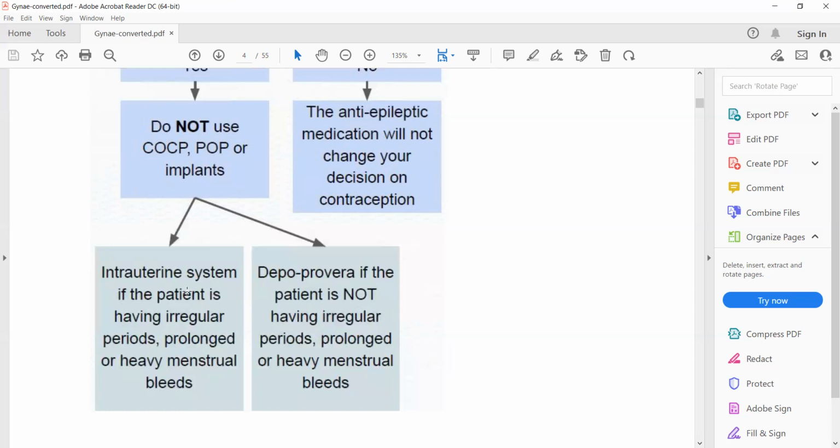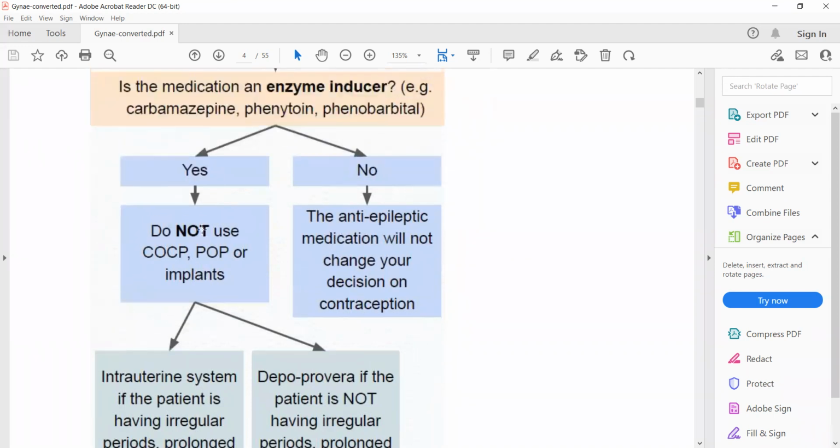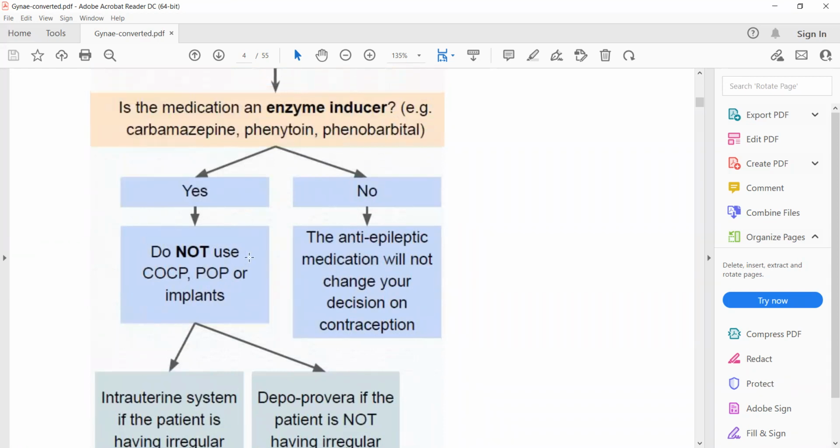There are still UKMEC2 in younger patients: IUS and Depo-Provera injection. There's a risk, but they are UKMEC2, so they can be used in patients who are less than 20 years of age. Because UKMEC1 categories such as COCP, POP, and implants have reduced efficacy due to enzyme inducers, we cannot use the UKMEC1 drugs in this age group.